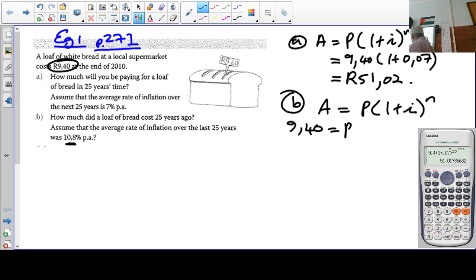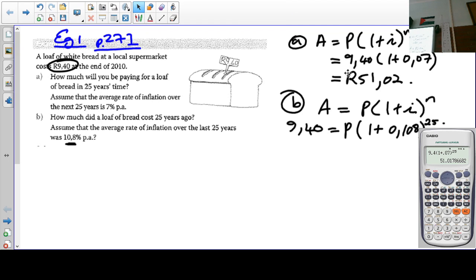That will be P into 1 plus. What's your i value? 0.108 to the exponent 25. So how do I calculate P, people? You divide both sides by its bracket raised to the 25.